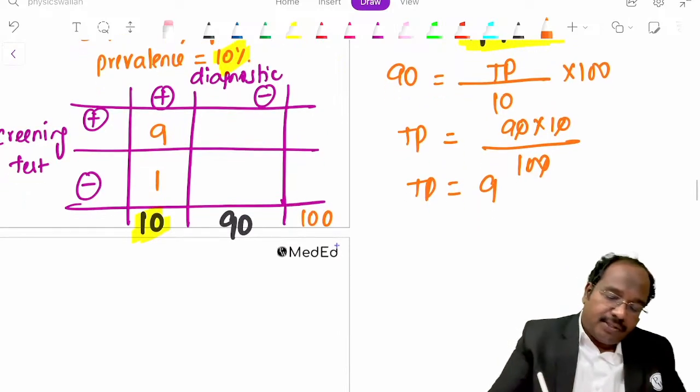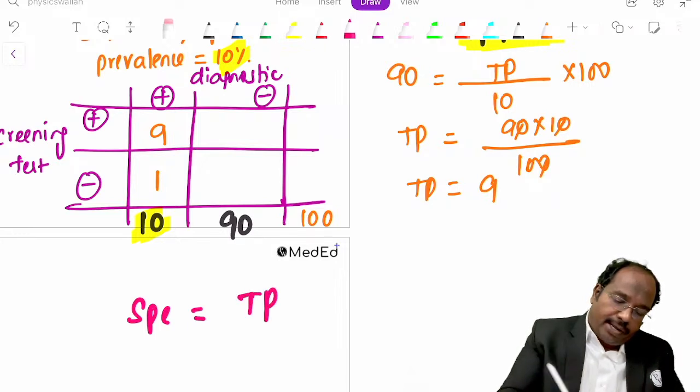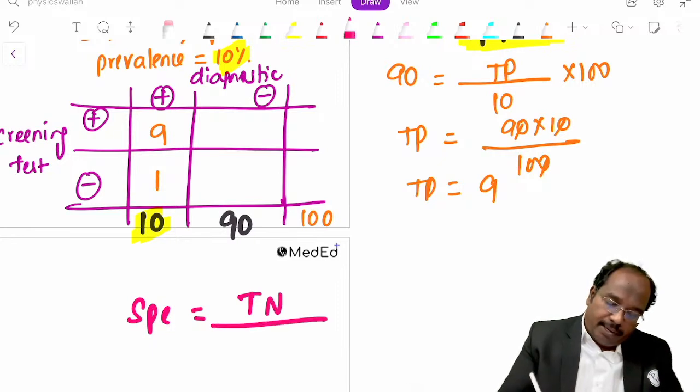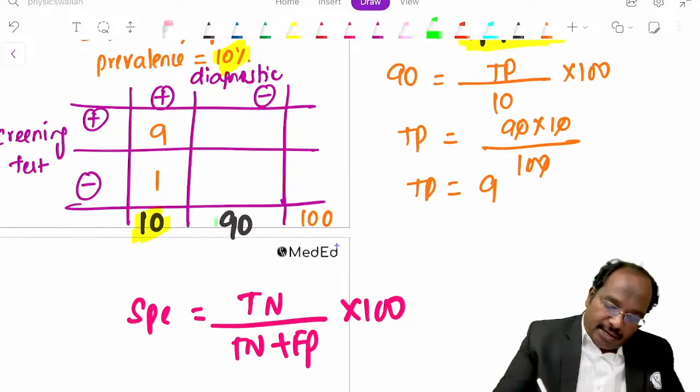What is the formula for specificity? Specificity is true negatives by true negatives plus false positives, multiplied by 100. This is the non-diseased people.